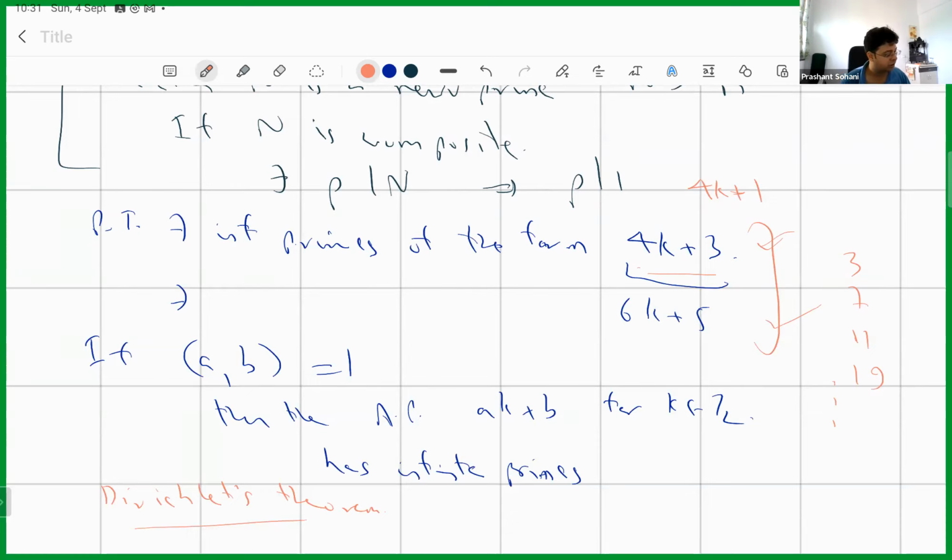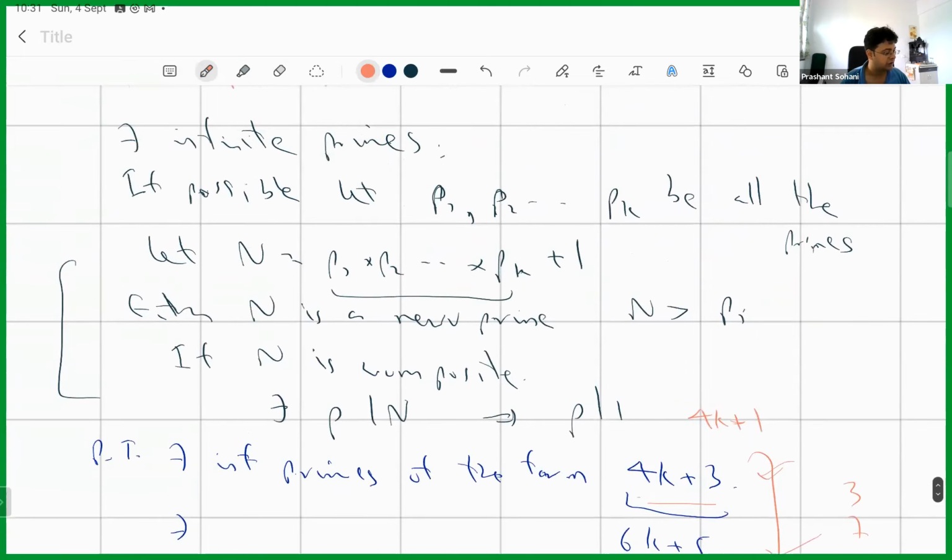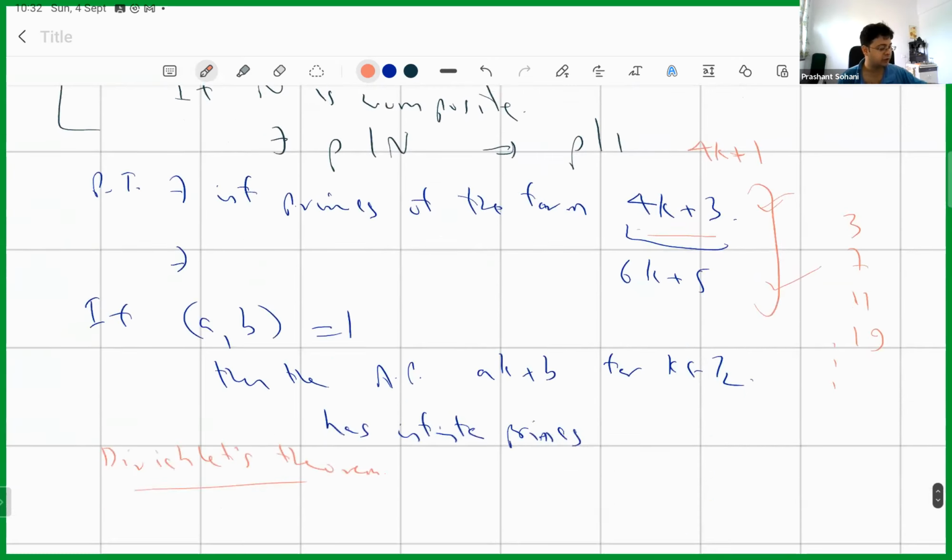If you observe how we did Euclid's proof, we assumed, if possible, let there be finitely many primes p1, p2, ..., pk, and from that we constructed a new number n. We are free to choose this number n however we want, but it has to help us prove that the number of primes is not finite: there is one more prime which is not included in the list. In the same way, let's take 4k plus 3.